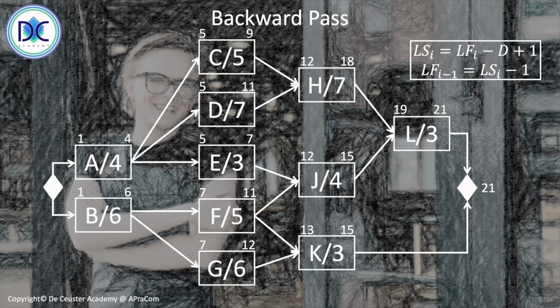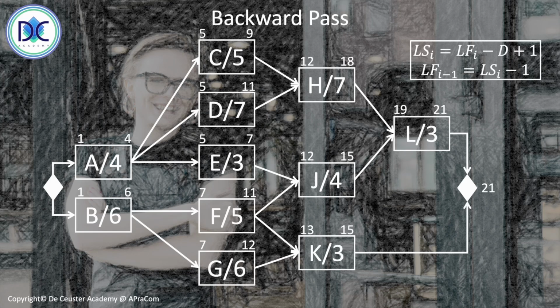Now, the first important thing that we have to consider is what time we will use to do the calculations backward. That's also the reason why the finish milestone is quite interesting, because we know that the project will finish after 21 periods.